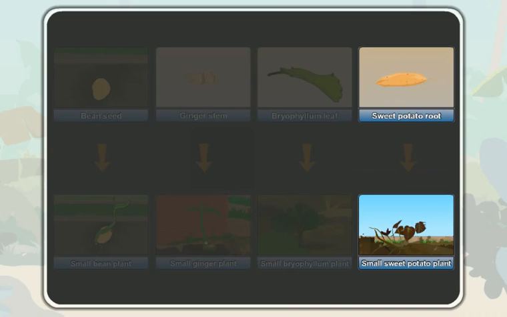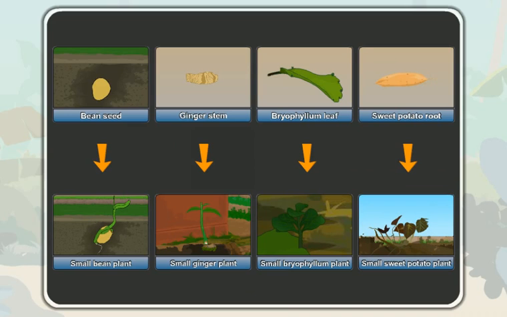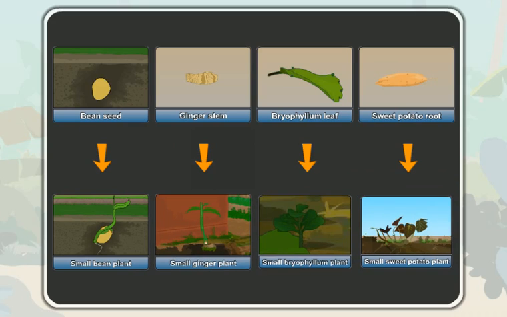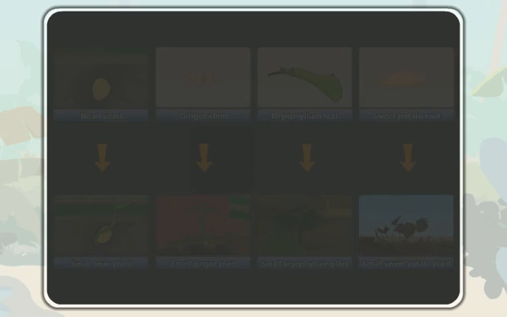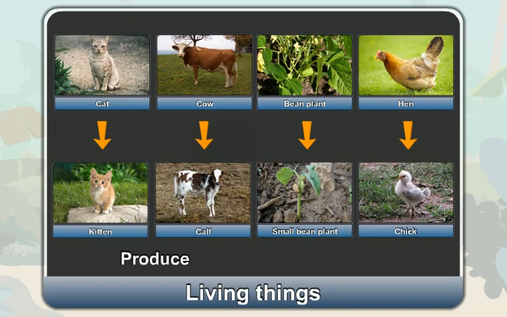So, plants too produce young ones like them. All the living things produce young ones like them.